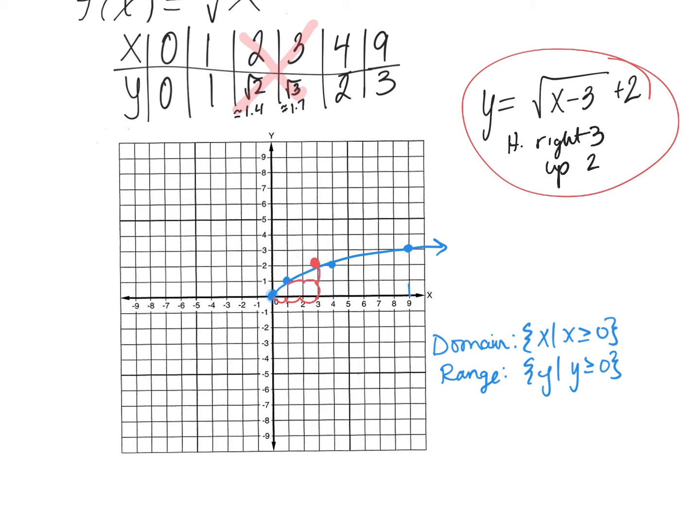I'm going to go 1, 2, 3, up 2. And 1, oh, I forgot. This point here, it's hiding. Okay, so these are the points I shifted. And I'm not going to shift 9 because it's going to go off the graph. And my graph starts at that initial point and then goes to the right.